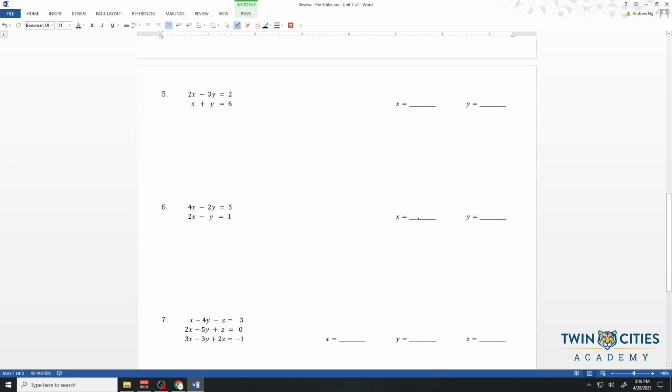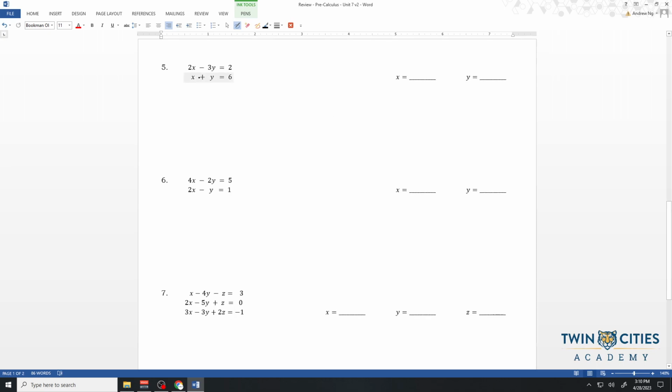On the second page, number 5 is 2x minus 3y equals 2, and x plus y equals 6. Let's try solving this one using substitution. When I use substitution, I pick one of the equations and I solve for a variable there.